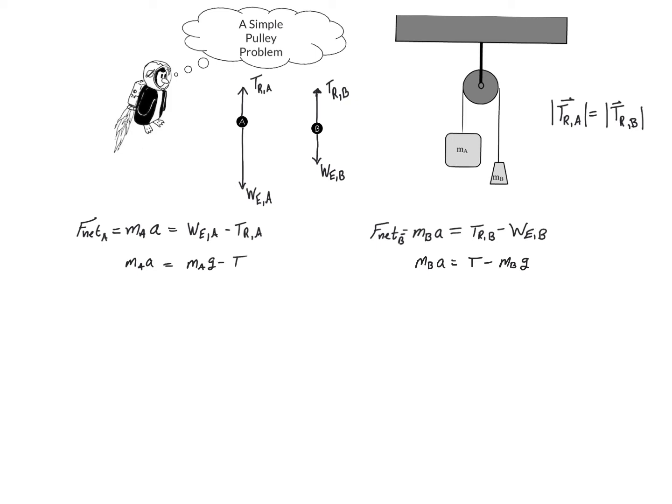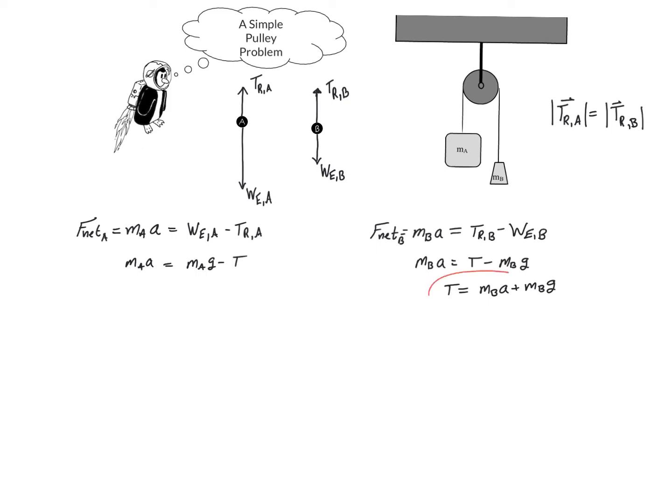So here we have two unknowns, tension and acceleration. I am going to solve for the block B equation first. So T is equal to the mass of B times a plus the mass of B times g.